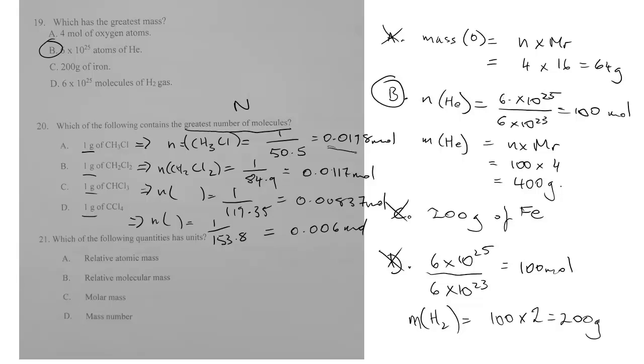So the mole of this substance A actually ends up being the greatest mole, and in every case you're going to be timesing it by Avogadro's constant. Since you're timesing it by Avogadro's constant, the larger the mole, the greater the number of molecules, so it's actually going to be A in this situation.